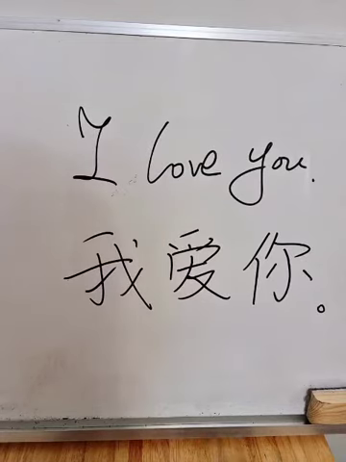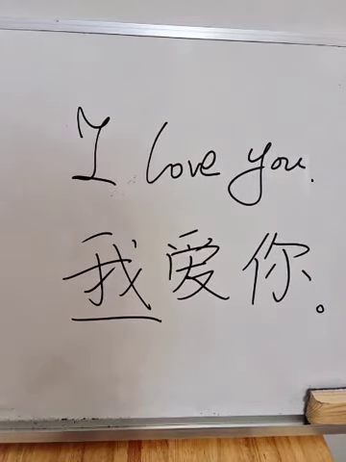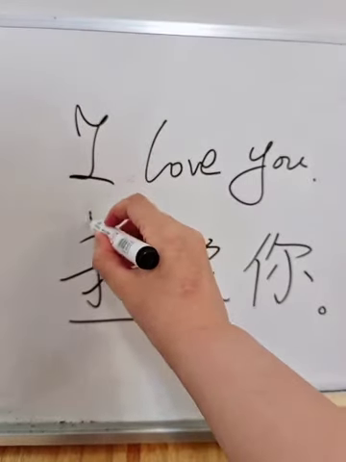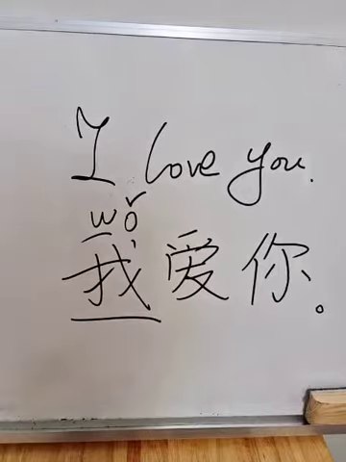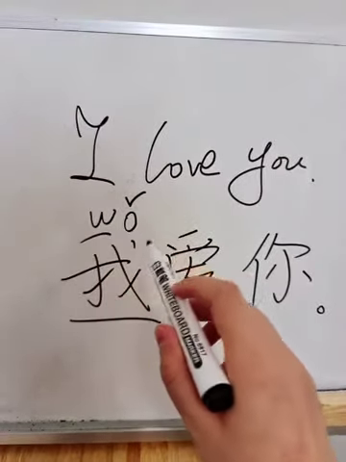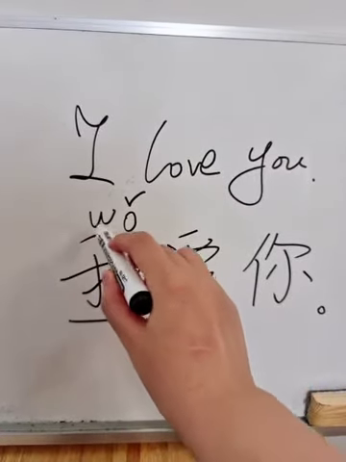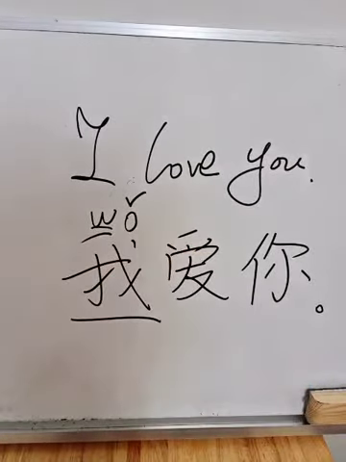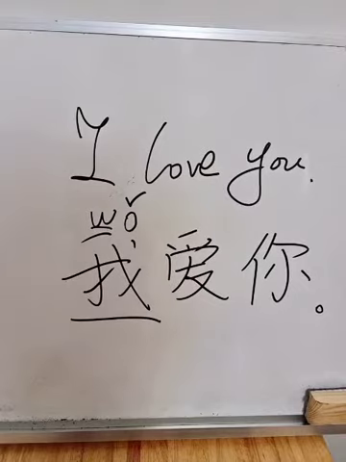When we learn Chinese, we will know we have Chinese characters, and we also have pinyin. Pinyin is like English letters, but when we read it, it has different pronunciation. For example, 我, W, in Chinese pinyin, we say wu, and O, in Chinese pinyin, we say wo.